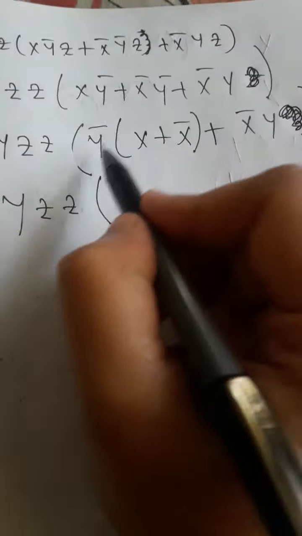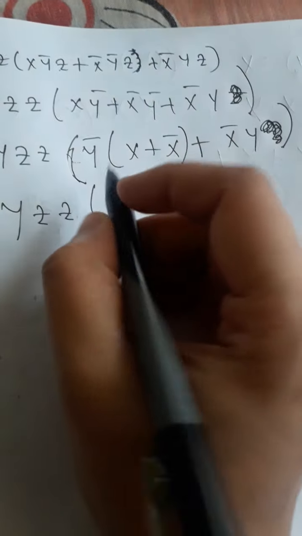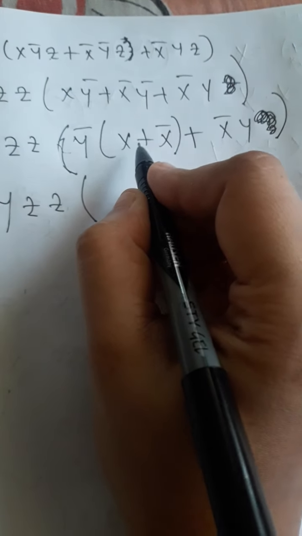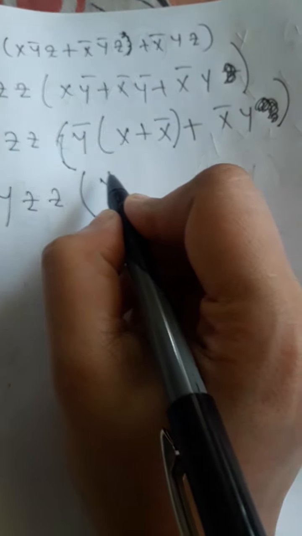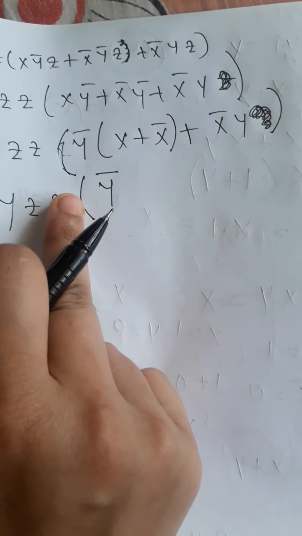I took z common, so only x bar y will be there. So here I am taking the common part y bar. As x plus x bar value is always 1, it will be y bar.